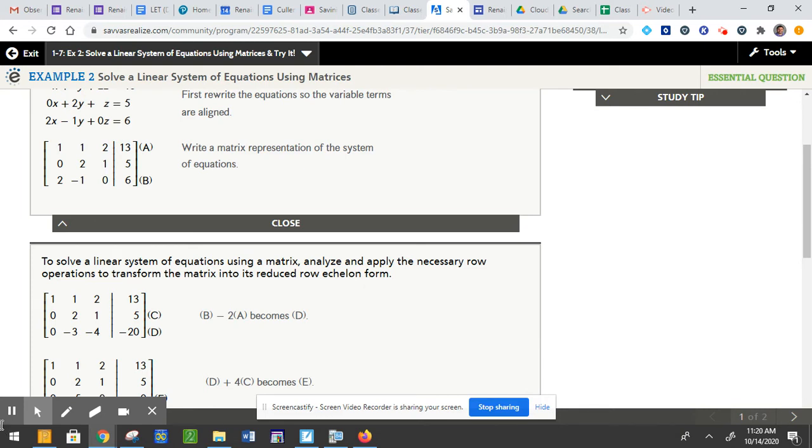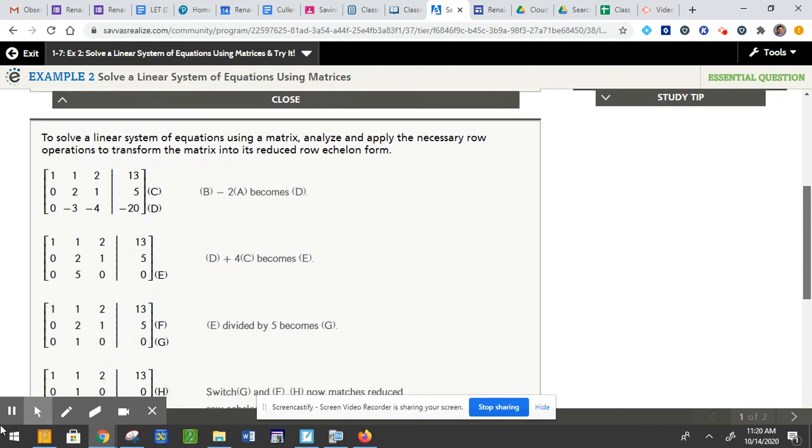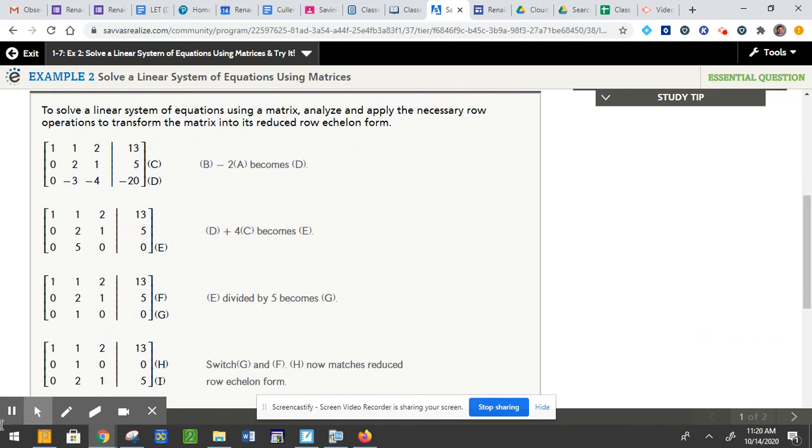So again, we're trying to get that number to be 0, which is how they got that to happen. Then the next thing they did was they added that line with 4 times that line, and that created that right there.